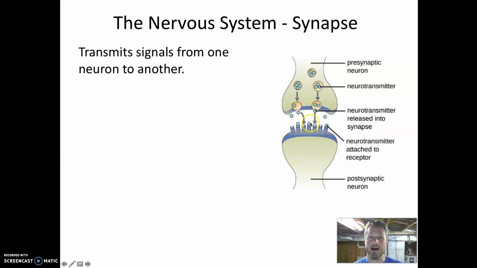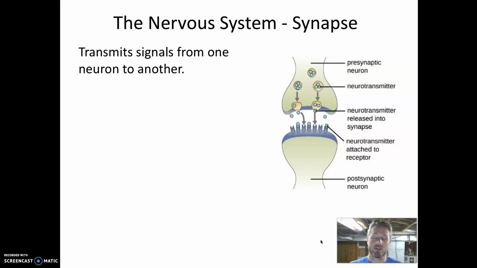So this synapse is the gap between where chemical signals can be passed from one cell to another cell. We don't need to understand the minutia of how a synapse functions, but I want us to be aware that there are synapses throughout the entire nervous system, in both the central nervous system and in the peripheral nervous system. And their function is critically important to nervous system function.